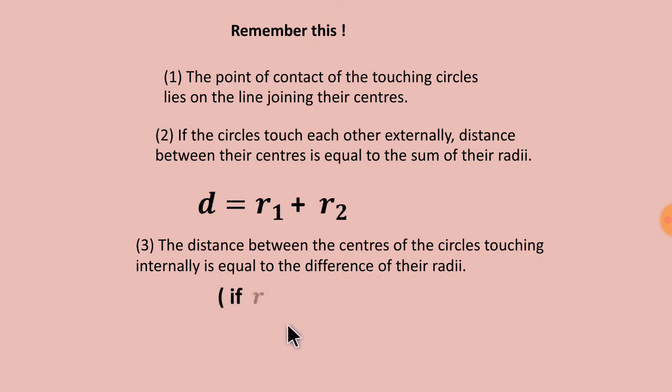And you know, if R1 is greater than R2, जर R1 ही रेडियस R2 पेक्षा मोठी किंवा जास्त असेल तर distance is equal to R1 minus R2. And if R2 is greater than R1, then we can write this formula, distance is equal to R2 minus R1. In this way we get distance between their centers.